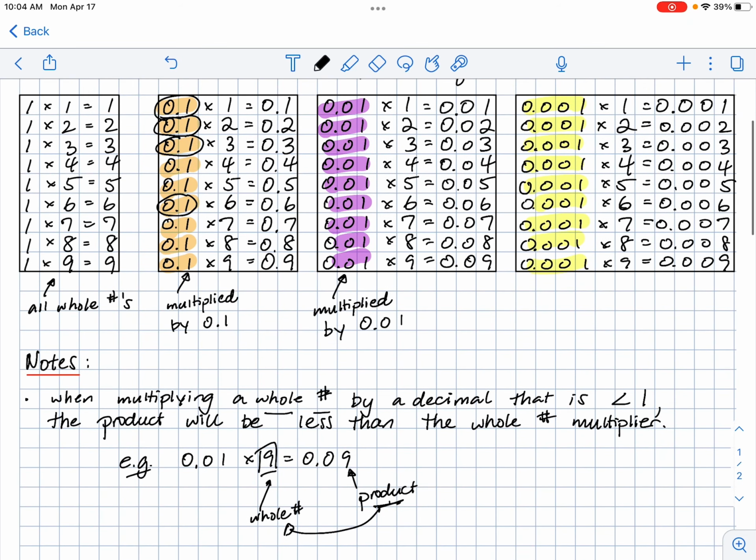Now, there's other patterns you've probably seen too. I'm not going to write them all down, but a few things you want to look at is that the number of zeros after the decimal increases the smaller the number you multiply by, right? So if you see in this case, I'll go across here, for example, 1/10 times 1 gives you 1/10, right? So there's only one digit after the decimal place here.